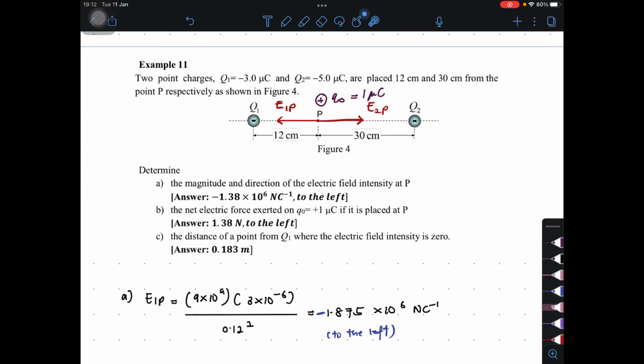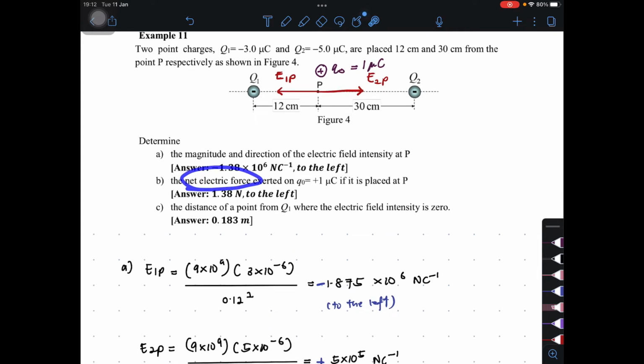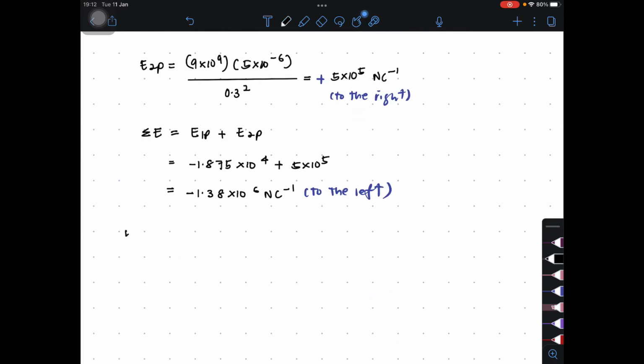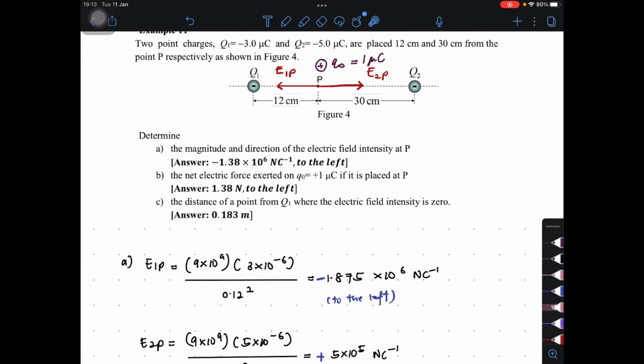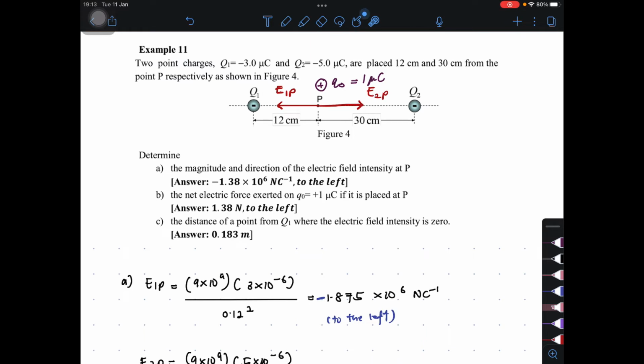Now we want to find the net electric force, the value for F. We can either use the method in the first subtopic, where we find the direction of the electric force, and then the electric force for each direction.